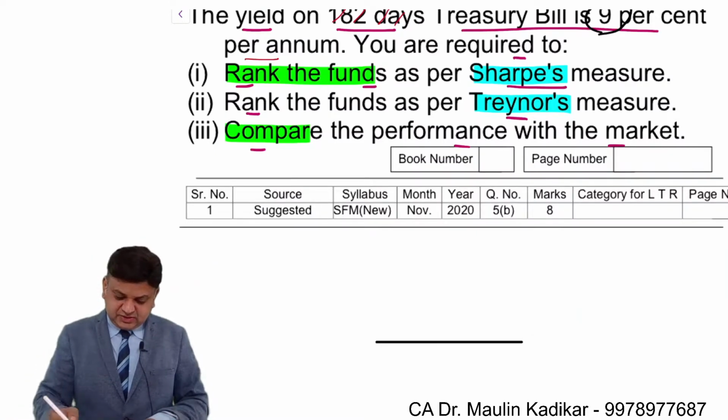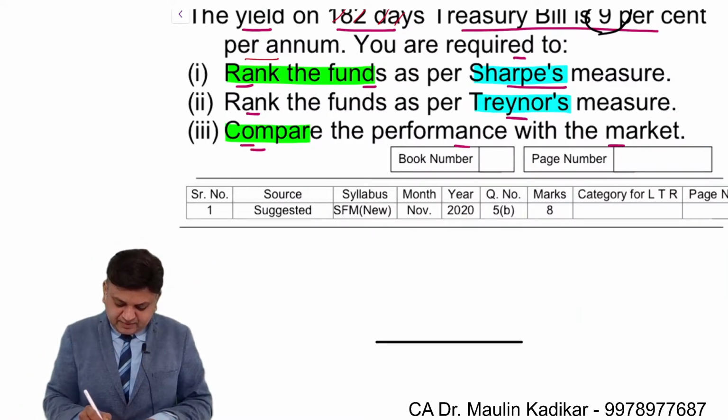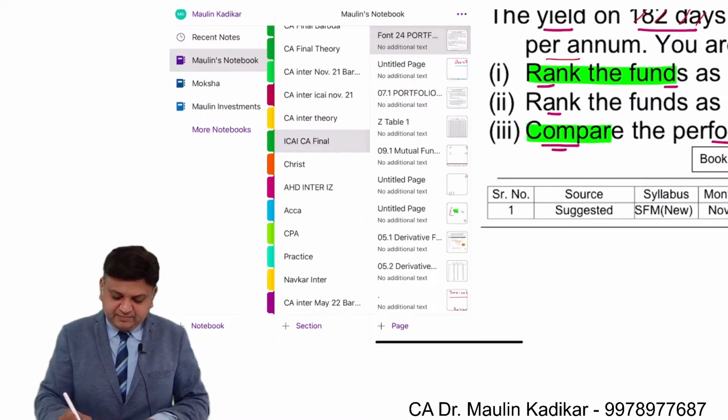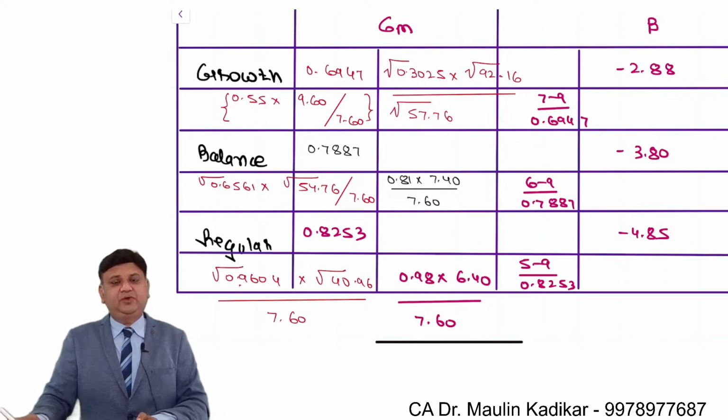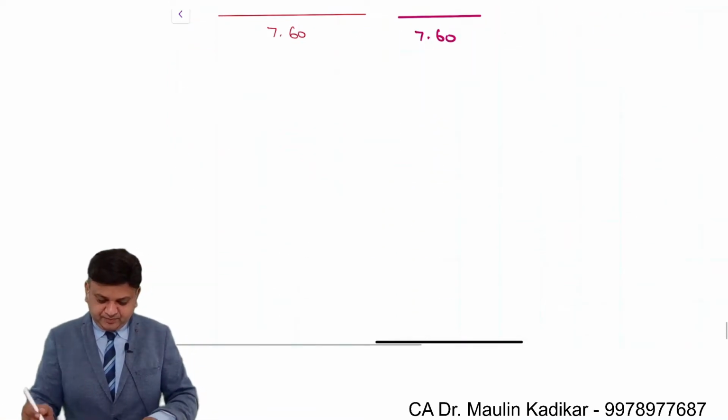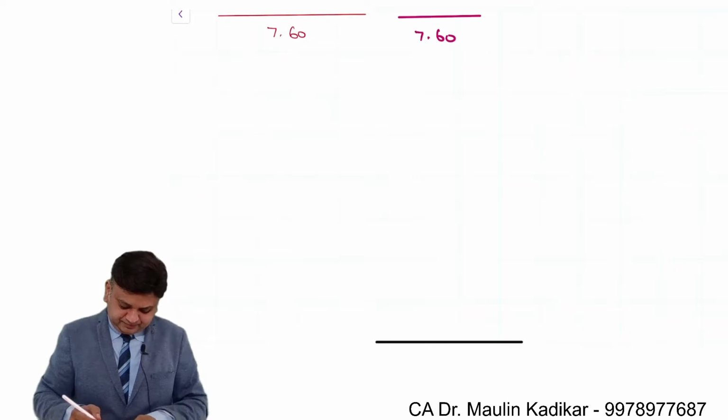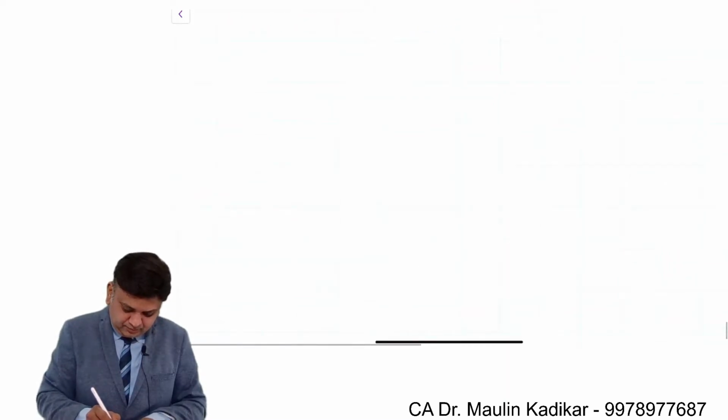The third question is to compare the performance with the market. This means we are required to compute the Treynor's ratio and the Sharpe ratio of the market portfolio, and then pass comment. So let us answer the third question.